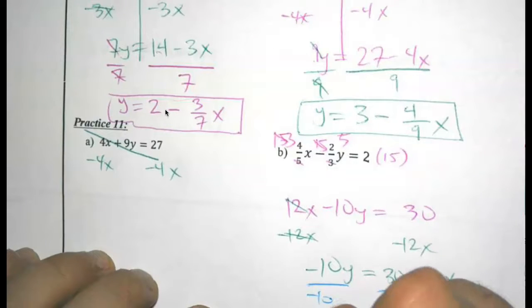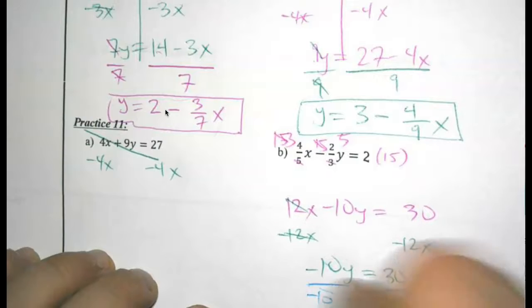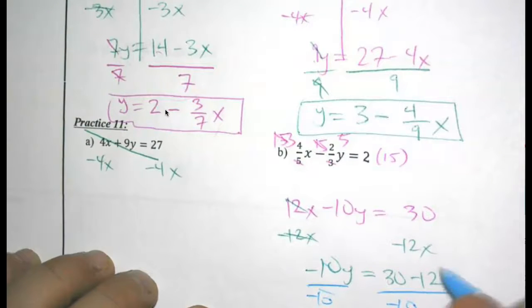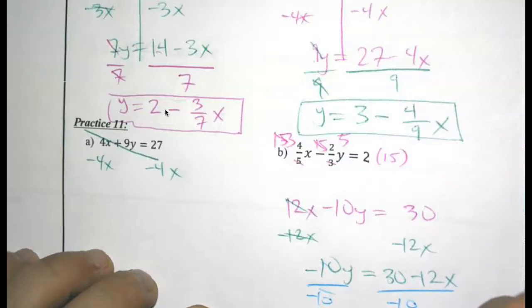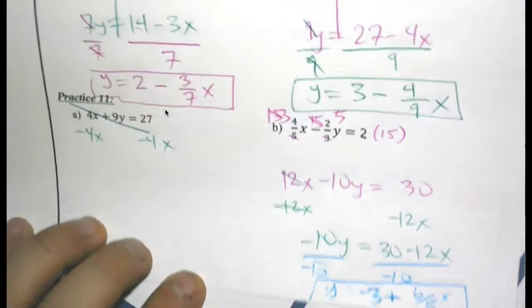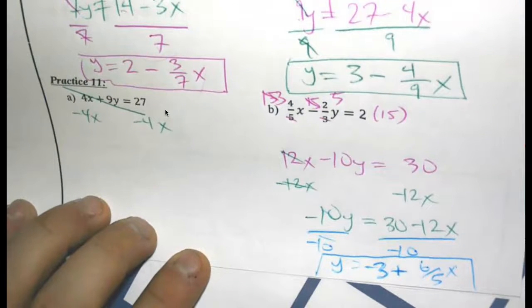So y equals 30 divided by negative 10 is negative 3, and negative 12 over negative 10 we can reduce. First of all, a negative number divided by a negative number should be positive. And 12/10 is aka 6/5, so y equals negative 3 plus 6/5 x. And sorry about that, but there it is.